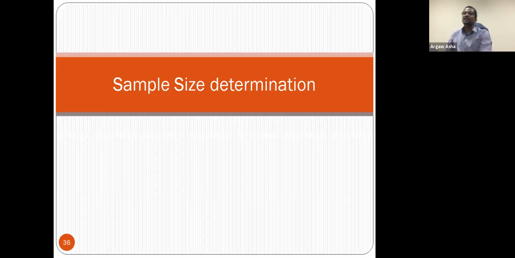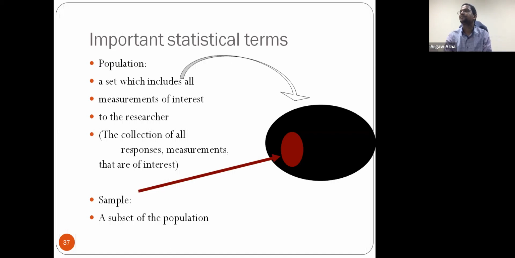Okay. The second one is sample size determination. How can you determine your sample size? When you see these pictures, this is a black oval, then we have a red one.